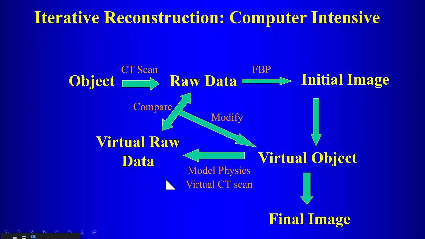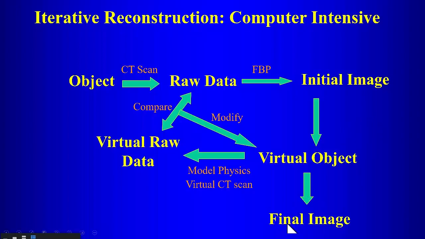The major advantage, though, of iterative reconstruction, what is the major advantage? Why do we use it? Why does it give you less radiation? Because in the end, what does this image have that we don't have with filtered back projection?